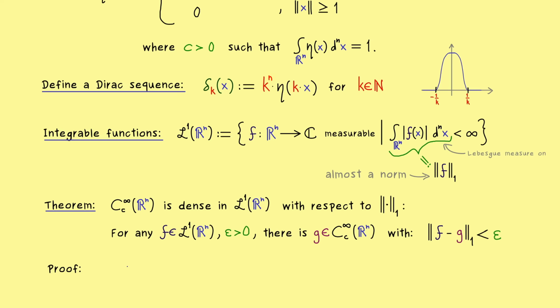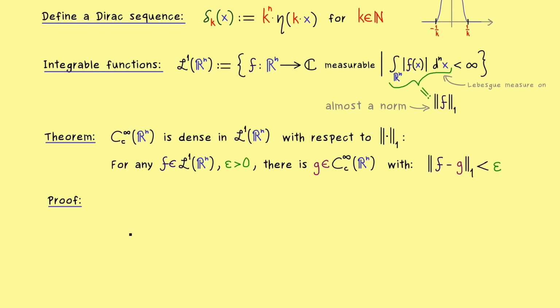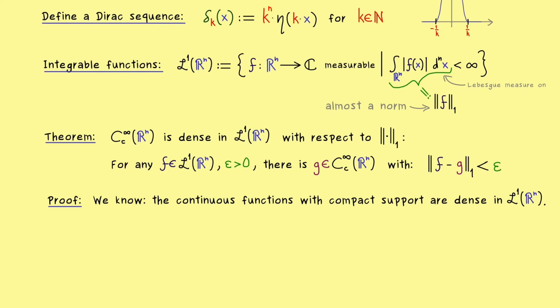So this is the important statement, and now for the rest of this video, let's try to write down a proof of that. And indeed, we don't need to start at 0, we can already use some results I have in other videos. In fact, we can use this similar result that tells us that the continuous functions with compact support are dense in L1.